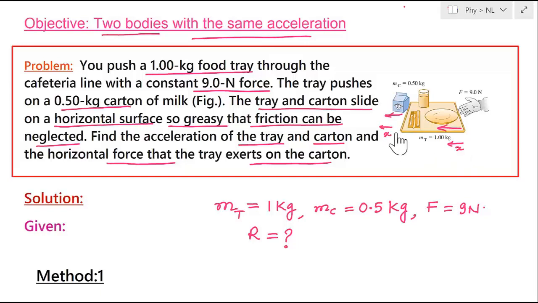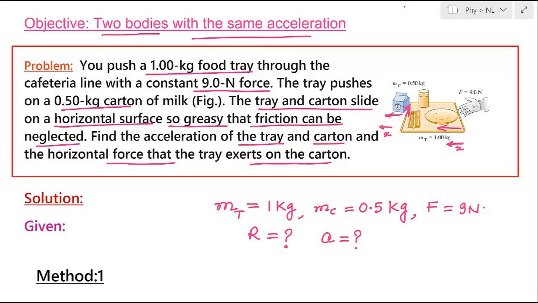So we are assuming that this tray and milk carton always remain in contact. This means the distance traveled by the carton and the distance traveled by the tray are the same, and that distance is x. So if distance is x, we can say the acceleration of these two is the same. So carton is moving with acceleration a and tray is also moving with acceleration a. So we have to calculate this acceleration also.